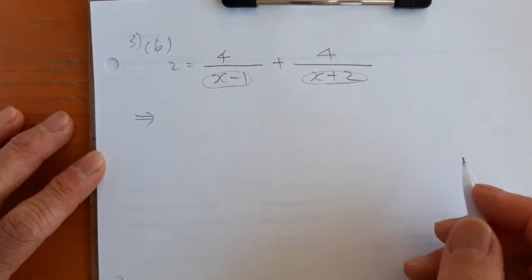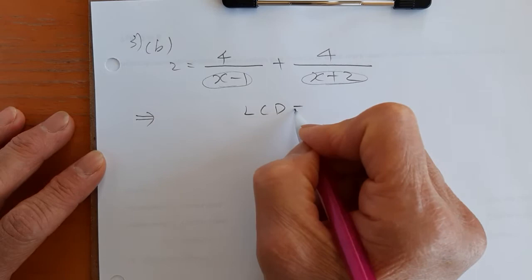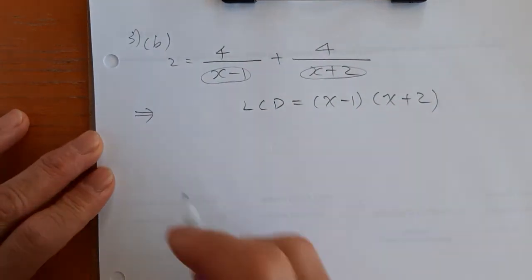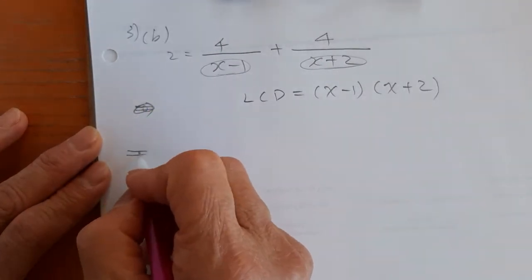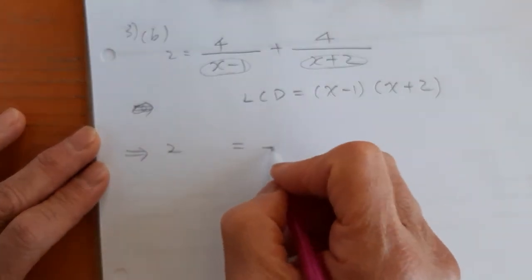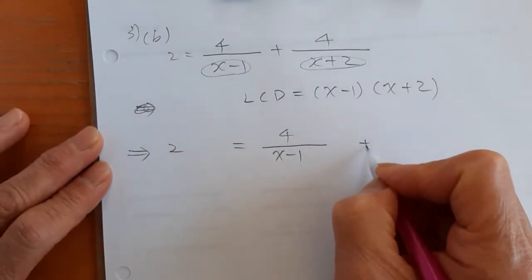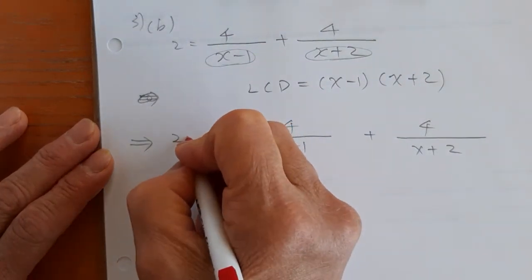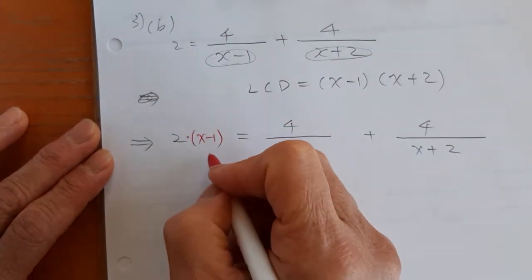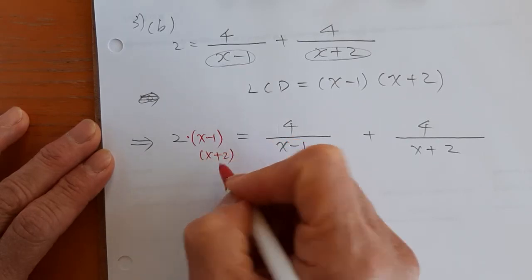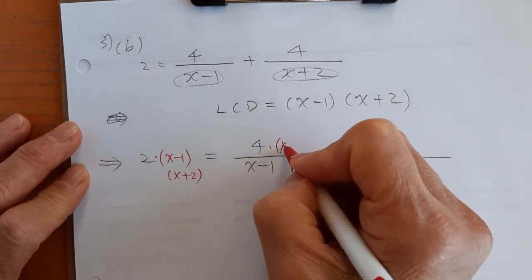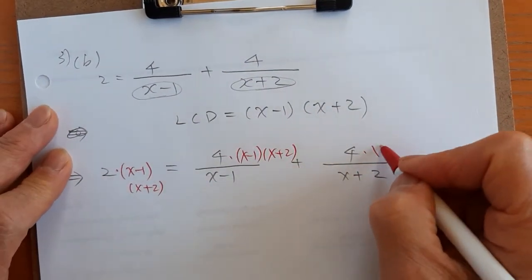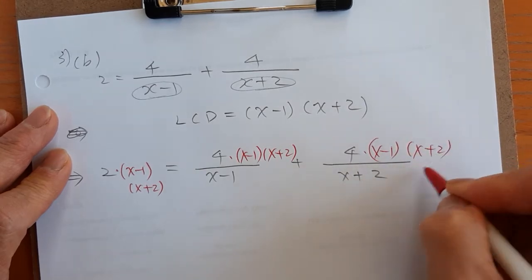The two denominators times together is the LCD, so the LCD is the two factors multiplied together. Then each term gets multiplied by the LCD. So on the left side times x minus 1 and x plus 2, and on each term on the right side times x minus 1, x plus 2.